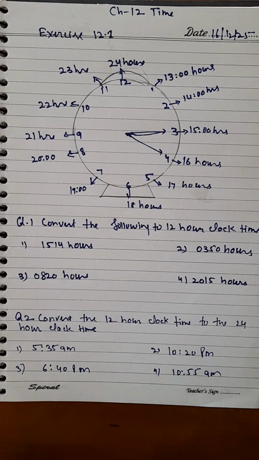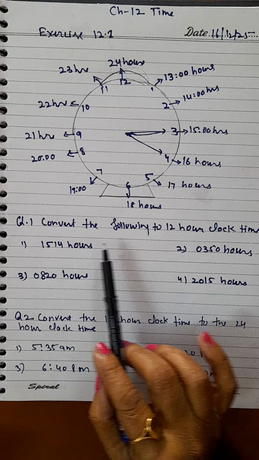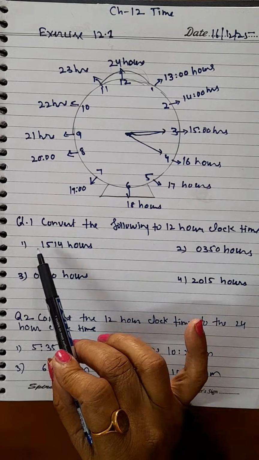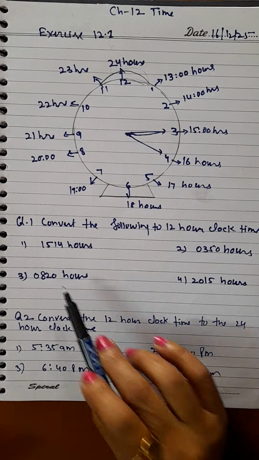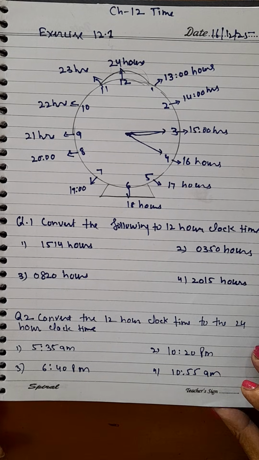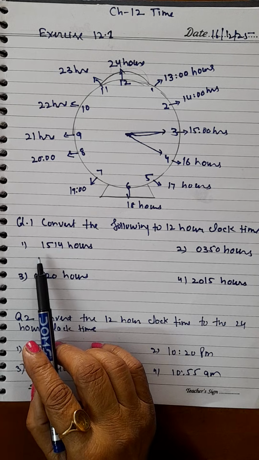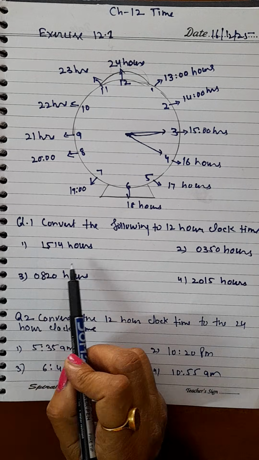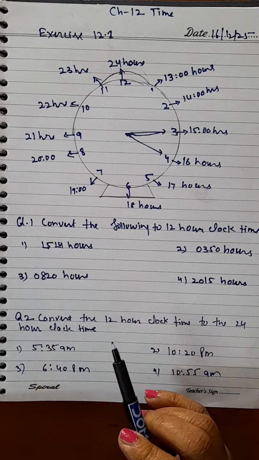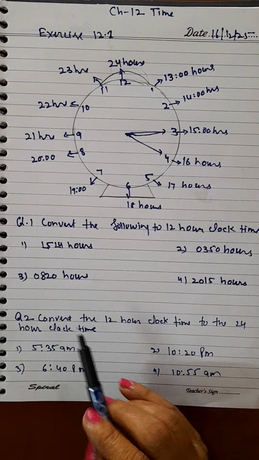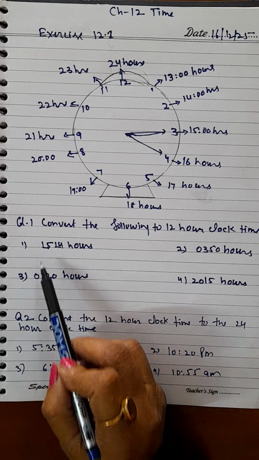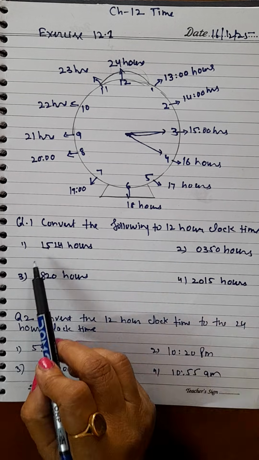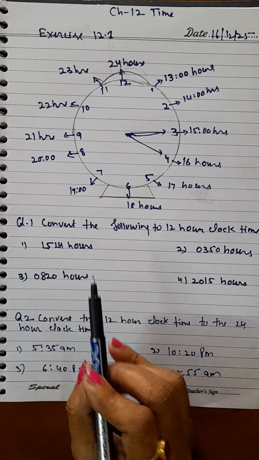So the first question is, here we have to convert the following to 12-hour clock time. The time is given in the 24-hour clock, and this is to be converted into 12-hour. As you can see, 1514. It means the first two digits represent hours and the last two digits represent minutes. Because 15 is more than 12, for writing in the 12-hour clock we have to subtract 12 from 15.